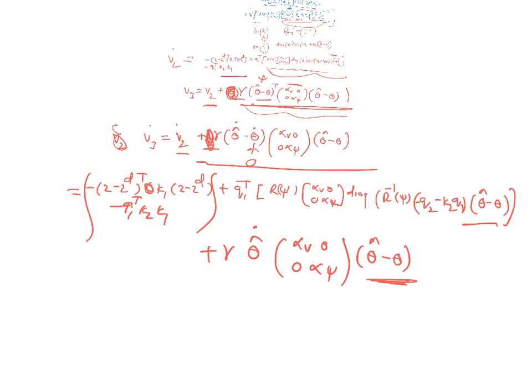So that means we can choose. So now I have to choose this, right? What should this be such that this whole thing disappears? So that will be equal to, basically minus of this, right?